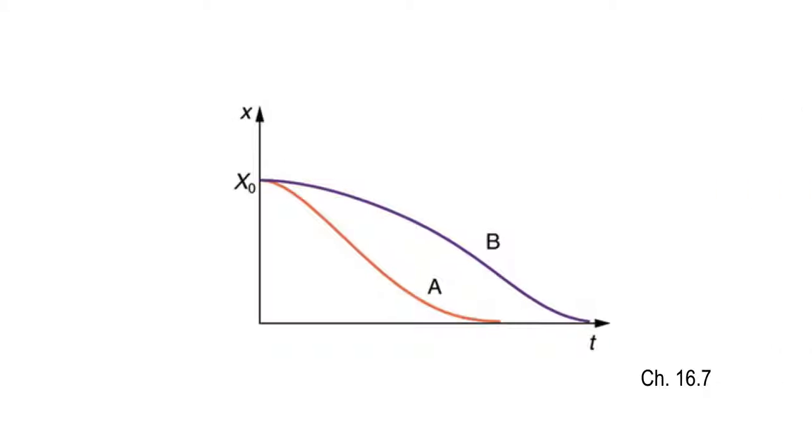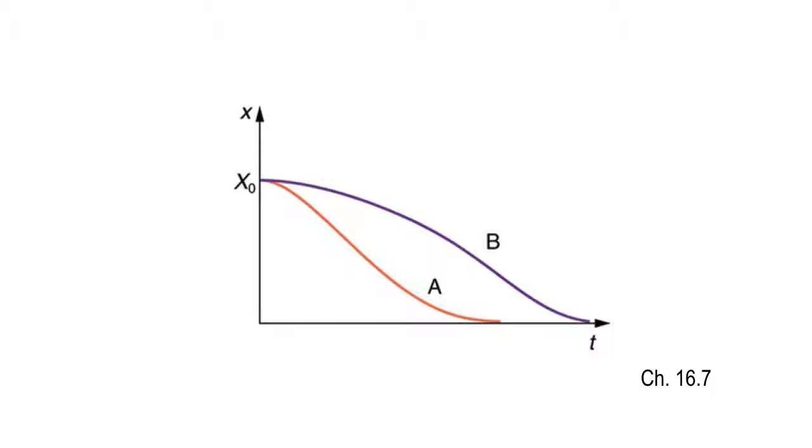Now, here's the two exceptions. The red graph A is what we call a critically damped oscillator. The damping level is just perfect to try to oscillate back, but lose just the right amount of energy as it damps down to come right down to zero.